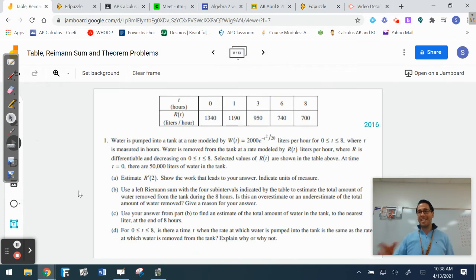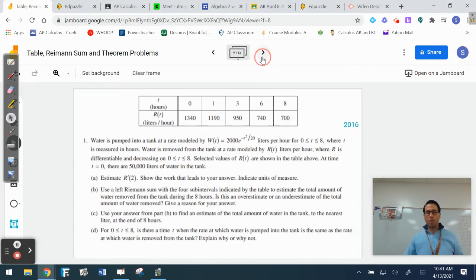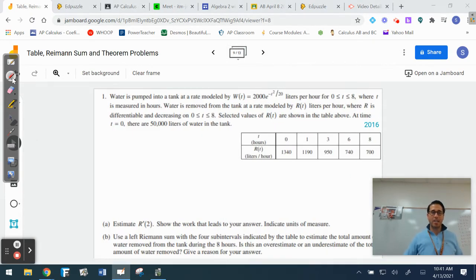2016. If you notice these tables, and I don't know about you, but these are some of the tougher ones we've been doing this year. All right, here we go. Another table, and boy, does this guy have a doozy on it, you guys, from 2016. Water is pumped into a tank at a rate of W(t) liters per hour from 0 to 8. Right, it's measured in hours.